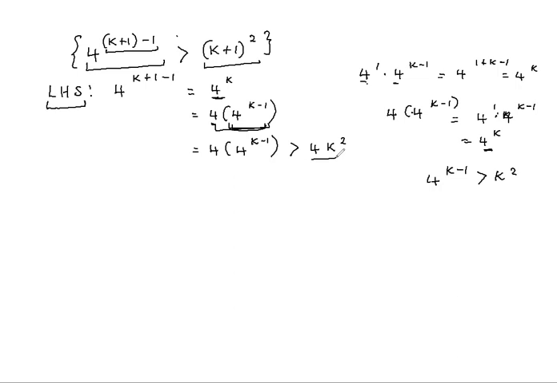Now from here, by step 2, it's 4 to the power k minus 1, which is greater than k squared. Now, where is this 4 coming from? The one that you put in front here.